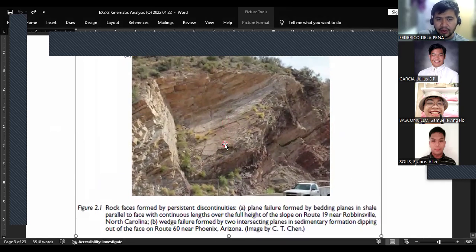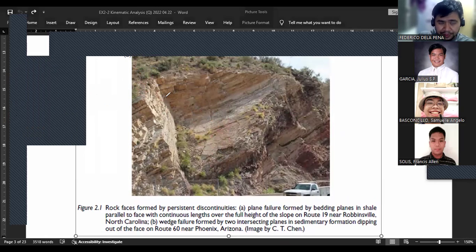This second photo, at least you can see here, you have a very polygonal surface of exposed rock.